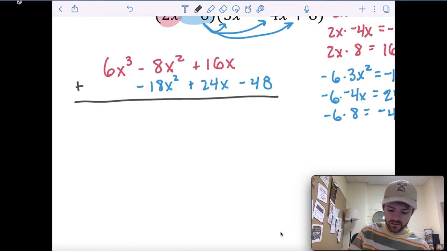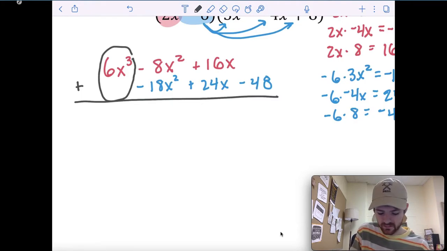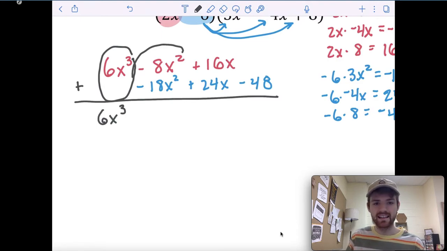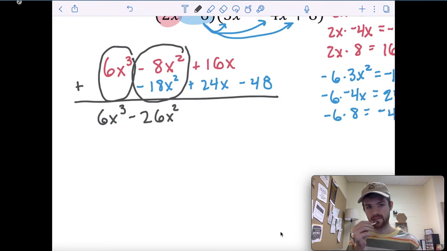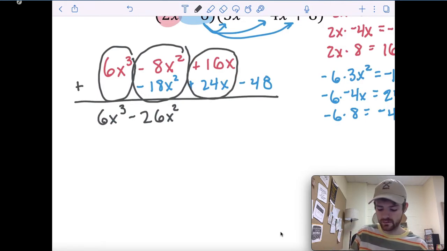Well, 6x plus nothing, we just bring it down, 6x cubed. Negative 8 and a minus 18 gives us minus 26x squared. 16 plus 24 gives us 40x.